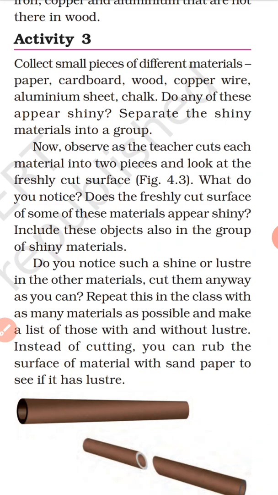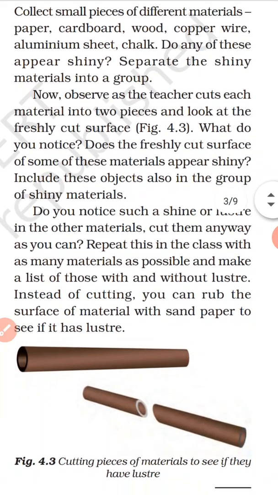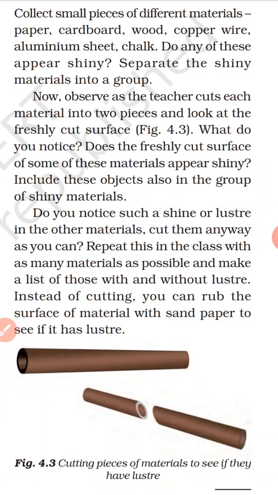Collect some pieces of different materials like paper, cardboard, wood, copper wire, aluminum sheet, chalk. Do any of these appear shiny? Separate the shiny materials into a group. Now observe as the teacher cuts each material into 2 pieces and look at the freshly cut surface. What do you notice? Does the freshly cut surface of some of these materials appear shiny?